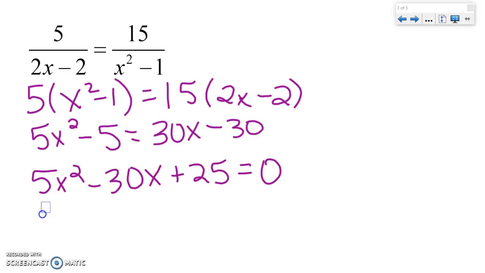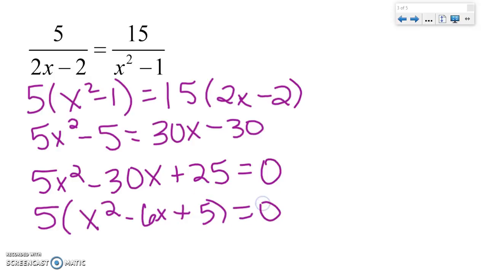I have to take 5 as my greatest common factor and divide that out, so I'm going to have x squared minus 6x plus 5, and that's going to be equal to 0. This x squared minus 6x plus 5 I can factor quickly into x minus 5, x minus 1.